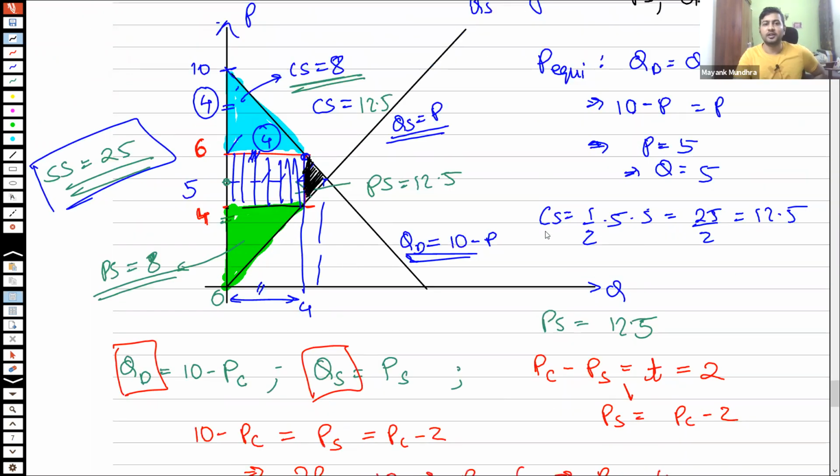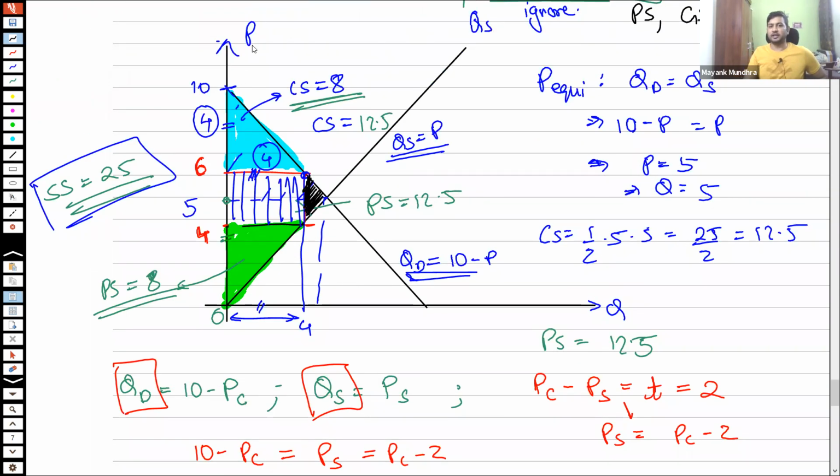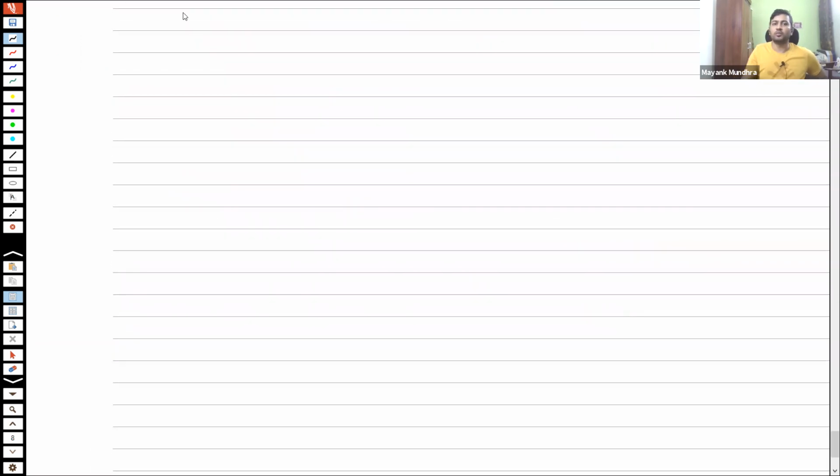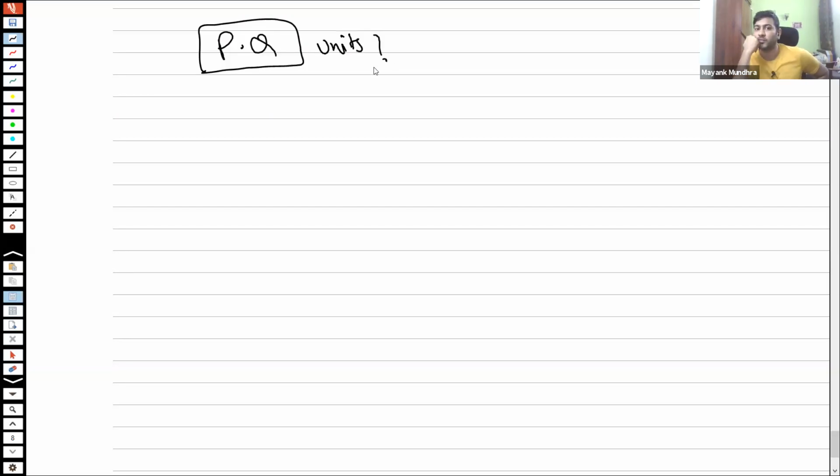Okay, remember that all this area is x into y, or y into x, or whatever, price into quantity. What are the units of price into quantity? Rupees only, very good.